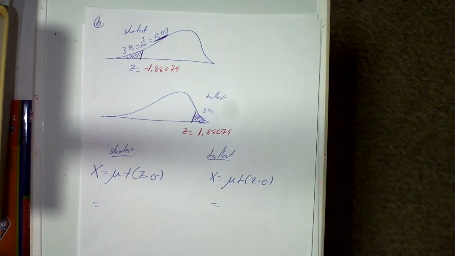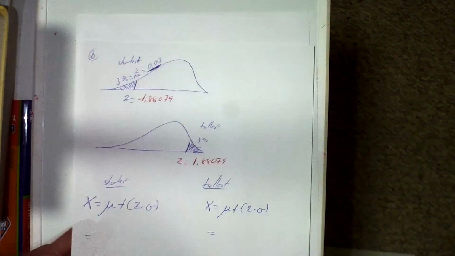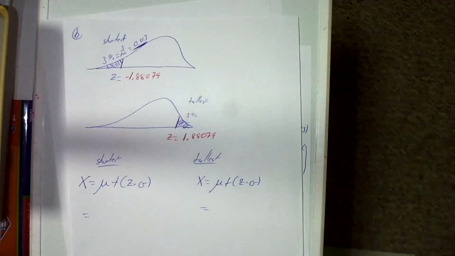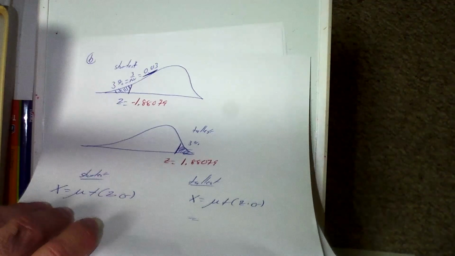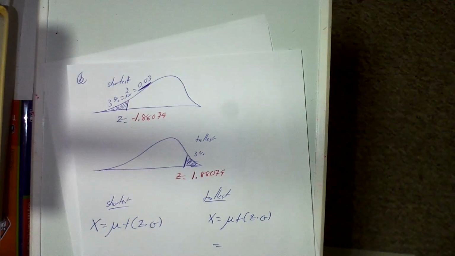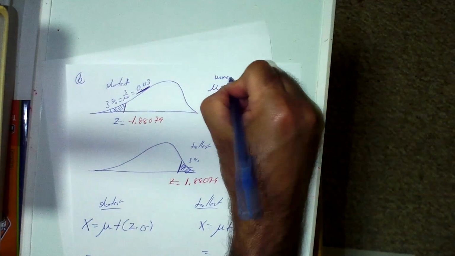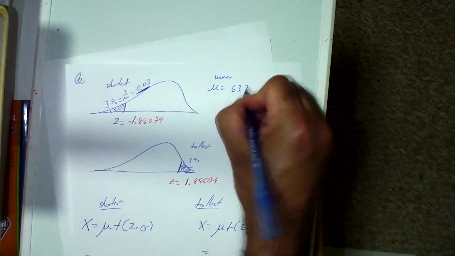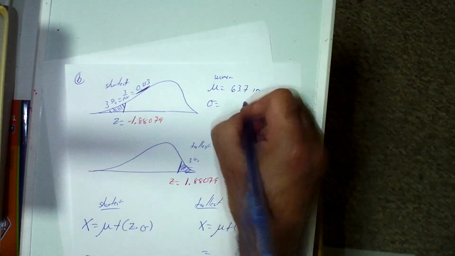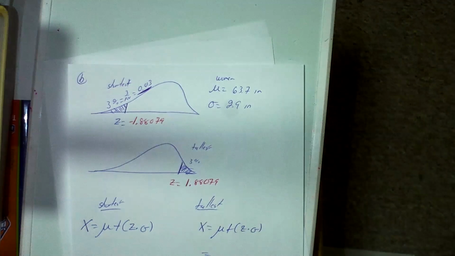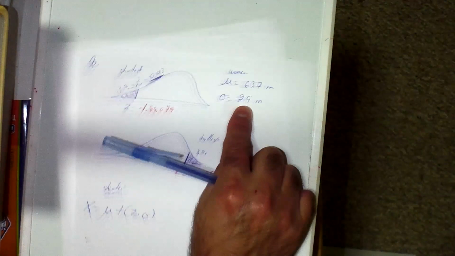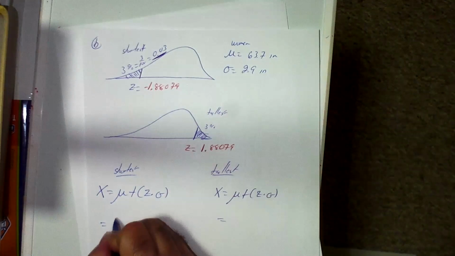Oh yeah, the females were 63.7 for the mean, and then the standard deviation was... I forgot to write that down. Okay, here we go. Now I've got the numbers and I can plug them in. Here we go, 63.7.